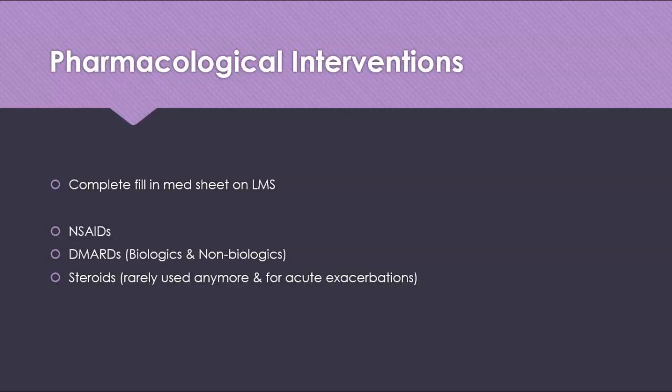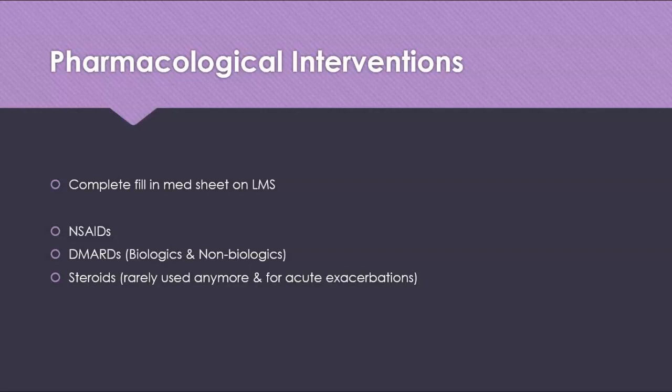The big category of meds that are used long-term to treat rheumatoid arthritis and a lot of other autoimmune conditions are DMARDs, disease-modifying anti-rheumatic drugs. In order to help maintain functioning and to slow the progression of the disease, it is best if a patient starts taking a DMARD within 12 weeks of that symptom onset and/or diagnosis.